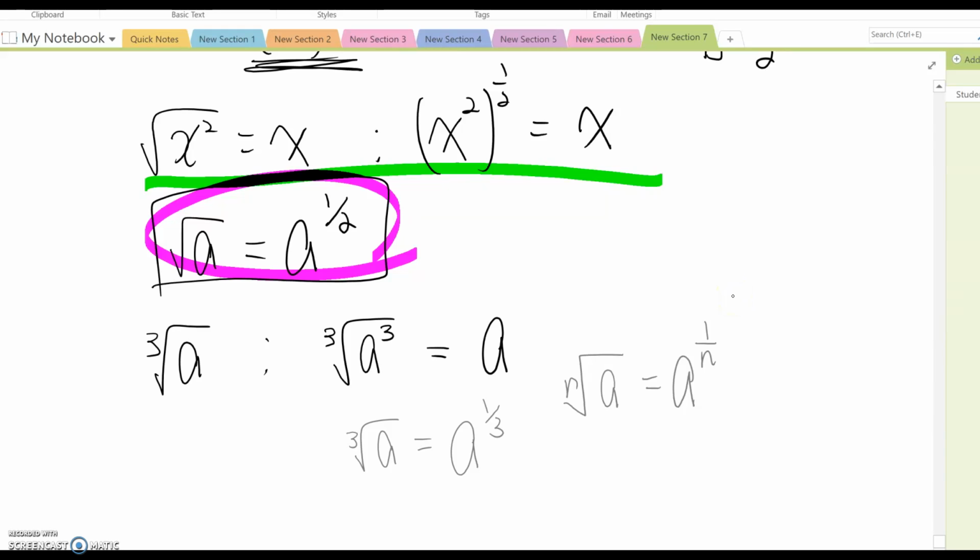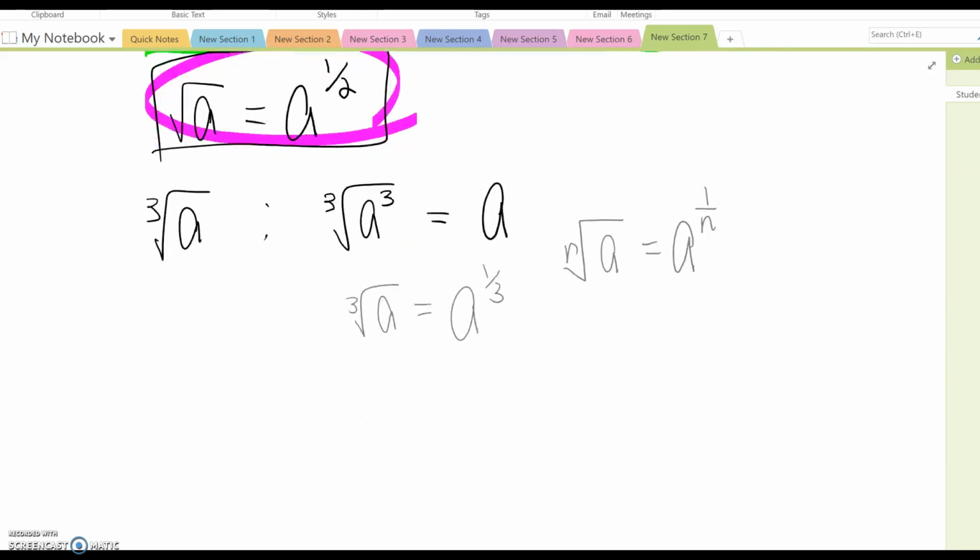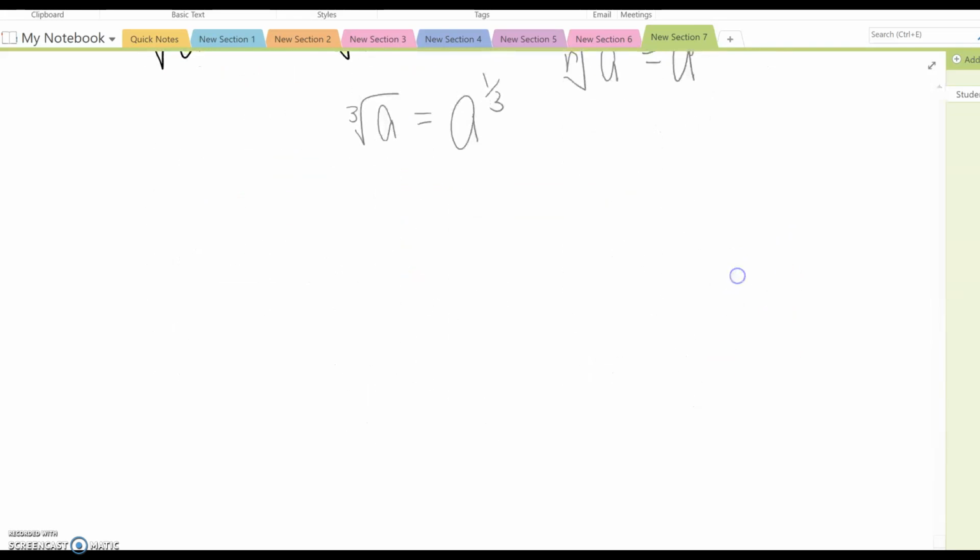Okay? Then let's cover one more concept about the radical expression. Square root 3, square root 0, square root negative 3. Which one makes sense and which one doesn't make sense to you?